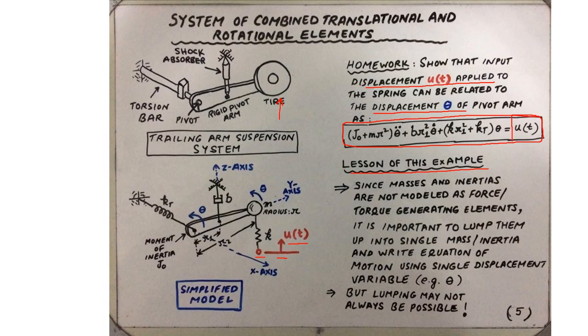Therefore, in this case, when we saw that there were two rigid bodies, one of them being the rigid pivot arm, directly connected to the tire and the wheel assembly, we came across a situation where there were two masses, or one of them being the mass, the other one taken as the discrete inertia, that were connected.